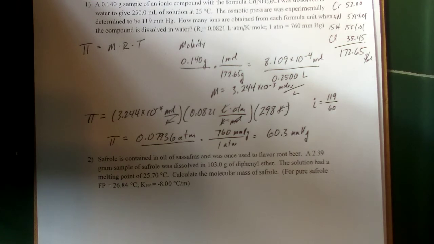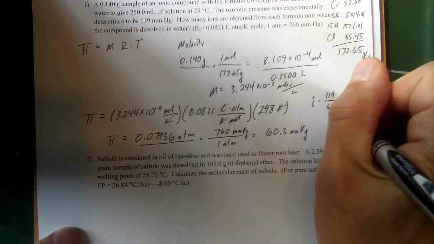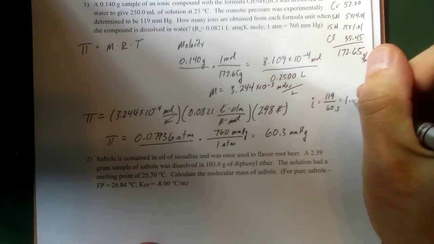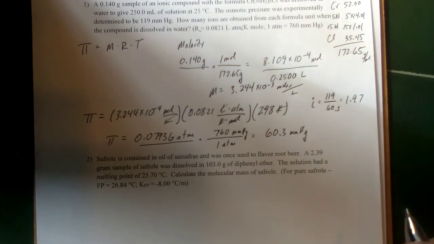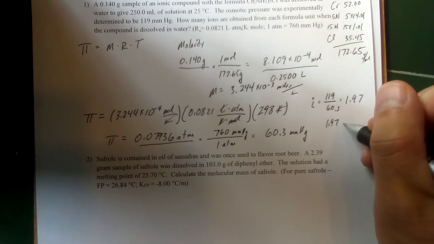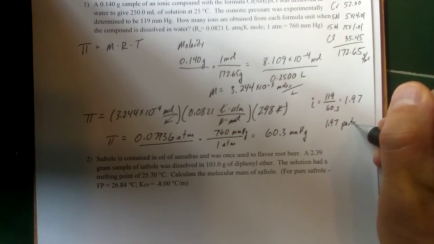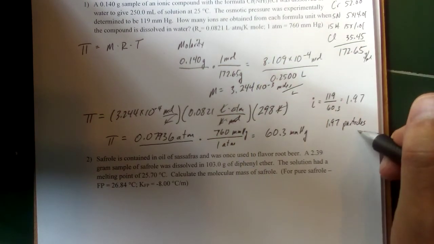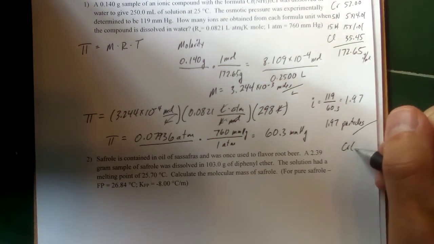So 119 divided by 60.3 is the Van't Hoff factor for this particular situation, and it's 1.97, and that means we're getting 1.97 particles for every molecule of this chromium compound.